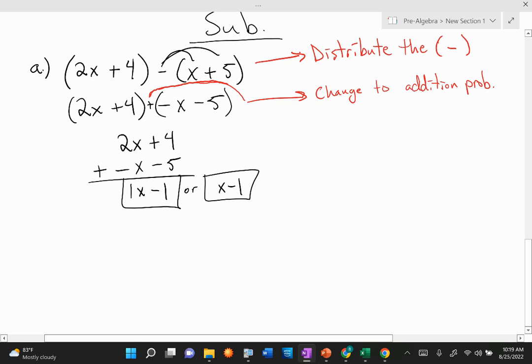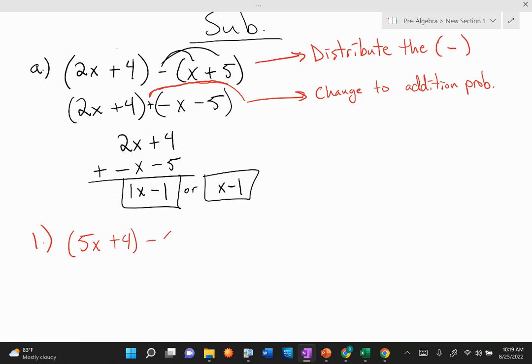Let's look at number 1. This problem will be 5x plus 4 minus x plus 2.